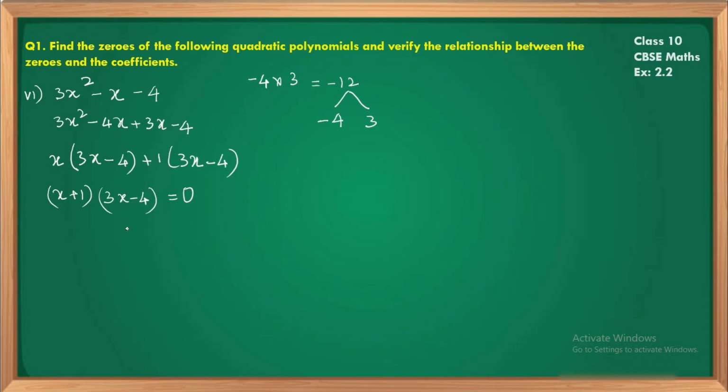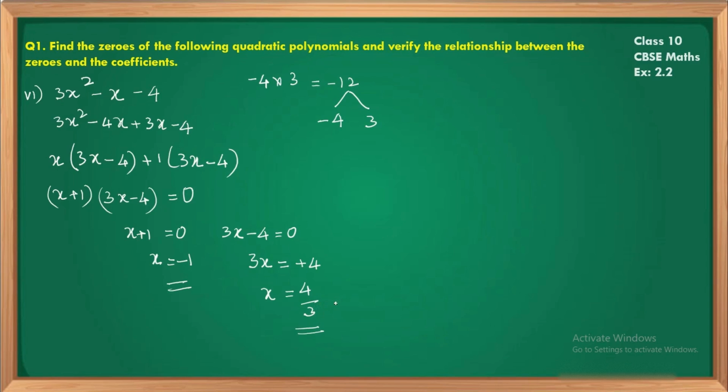Now x plus 1 is equal to 0, or 3x minus 4 is equal to 0. If x plus 1 is 0, the value of x is minus 1, because you take plus 1 to the RHS. In this case, 3x equals minus 4 becomes plus 4, and x is equal to 4 by 3. Now we have found out the values of zeros. One zero is minus 1 and the other is 4 by 3.